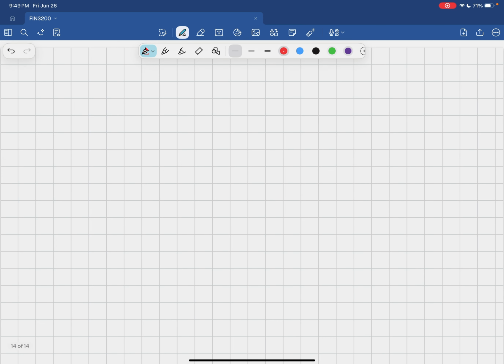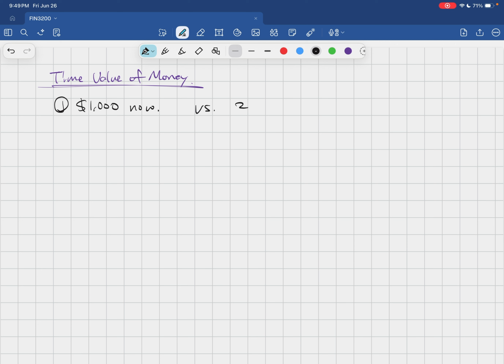Time value of money. The options are, first, you can get $1,000 now, and we're comparing that against the second option of getting $1,000 in 1 year.